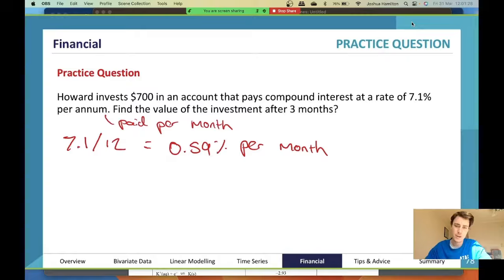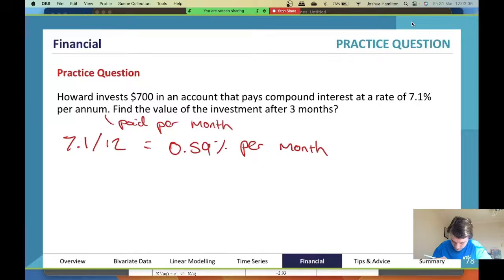Now I need to find each of my values. You can go about this in an nth term way, because what we're going to get is V_{n+1} equals... It's a little bit confusing. Actually, that's probably the wrong way to go about it, I apologize.